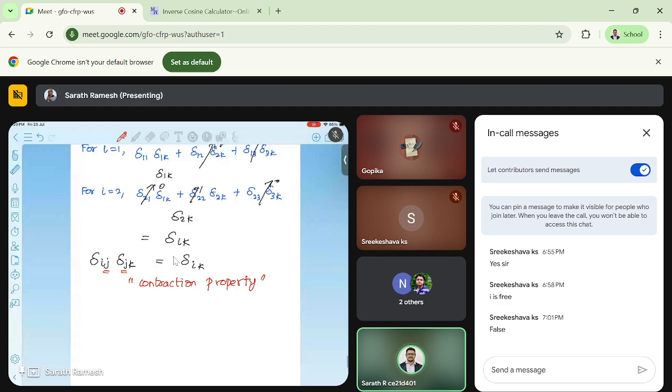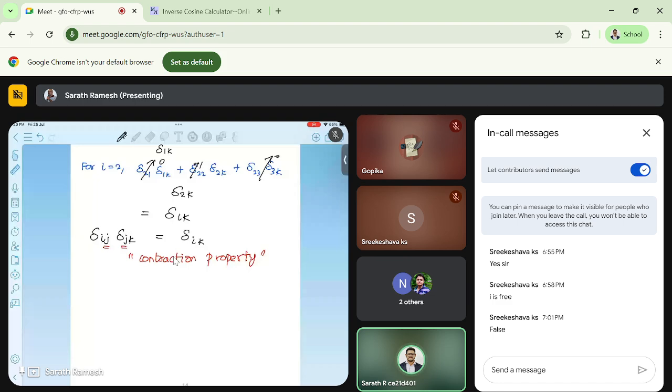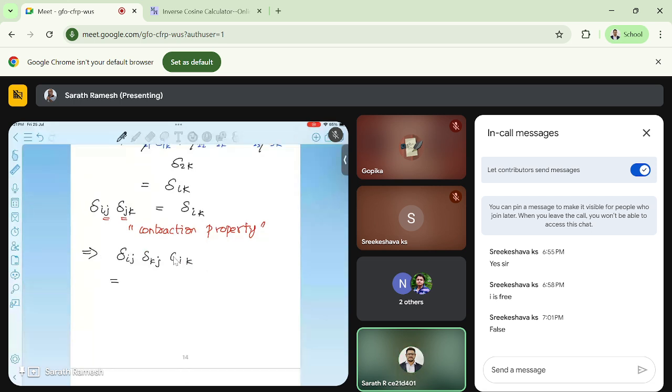Suppose we have delta ij, delta kj, cik. Okay, delta ij, delta kj, cik. Try. What will happen? And one more property I have missed. This delta ij is equal to delta ji. Is the Kronecker delta symmetric?